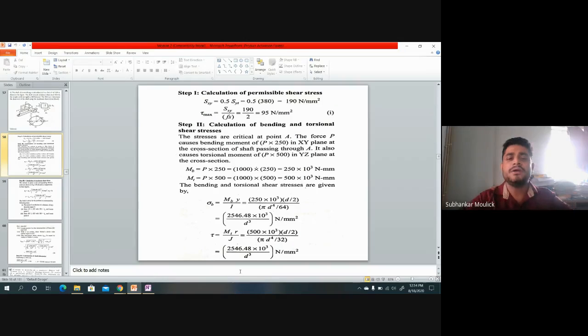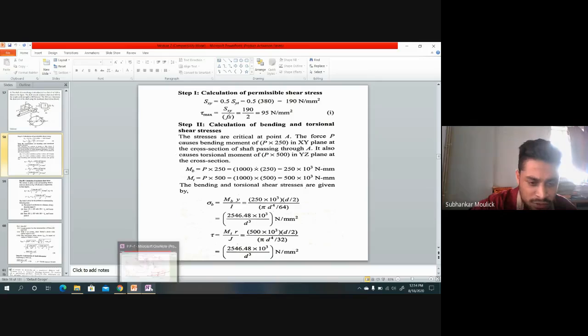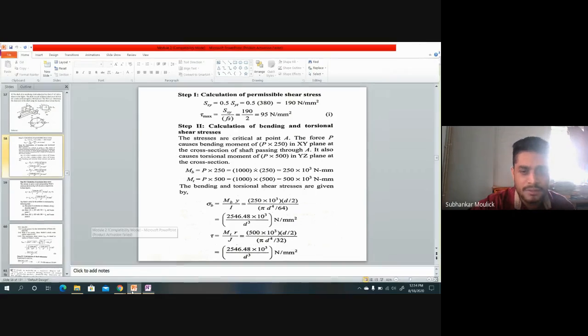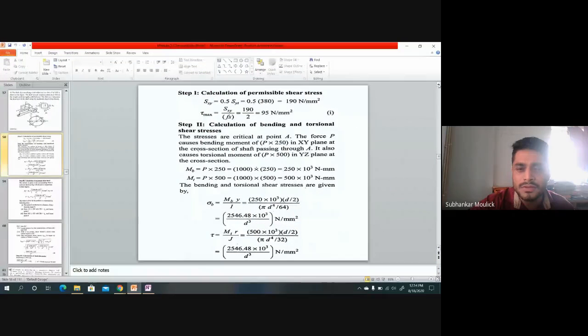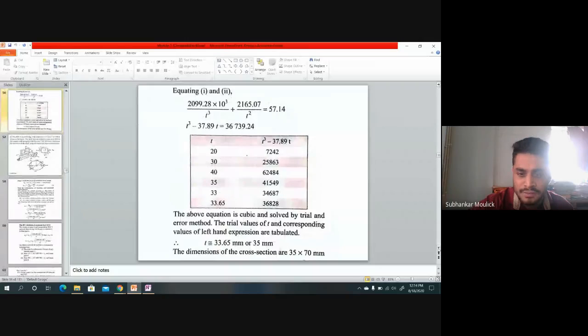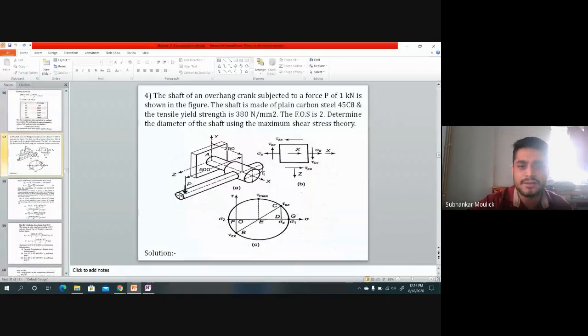Already we have calculated 250 into 10 to the power 3 into Y. Y is half of the neutral axis. If we see the problem, this dashed line is the neutral axis. If D is the dia of the shaft, then half of the dia, D by 2, will be the value of Y.